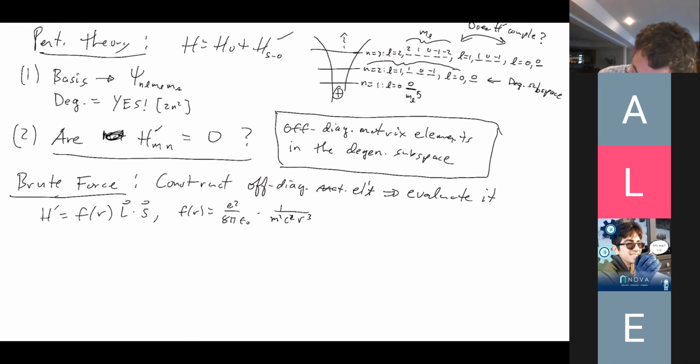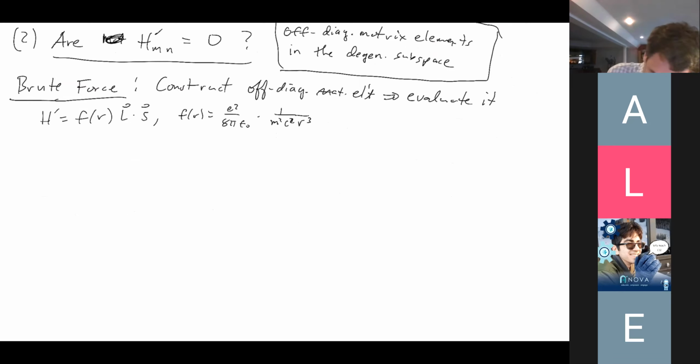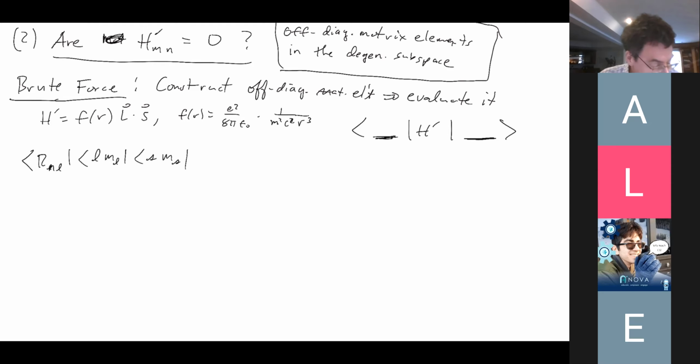And so now let's construct the off-diagonal matrix element. So this is a matrix element, something on the left, H prime, something on the right. Okay, that's the matrix element. And so on the left, let's put an arbitrary state in the degenerate subspace, which is R, n, L, M sub L, S, M sub S. That's our eigenstate.